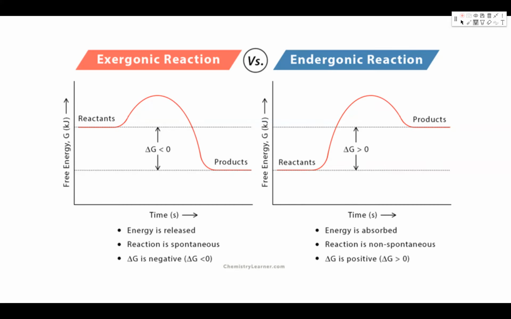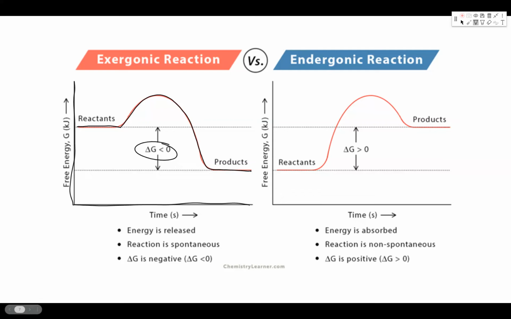There we go. So, in an exergonic reaction, if we are going to draw this out, we have our little axes, time, energy. Our reactants start higher, we get a little bump, and we have our products lower. This difference is our delta G.